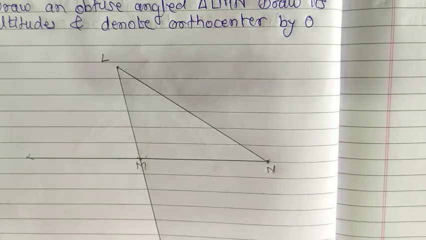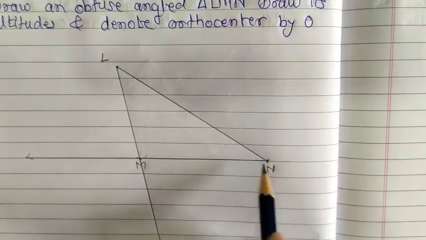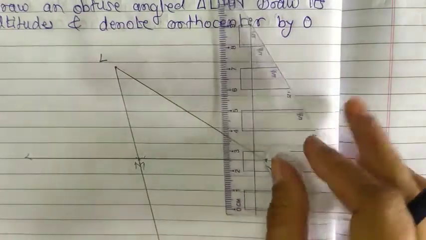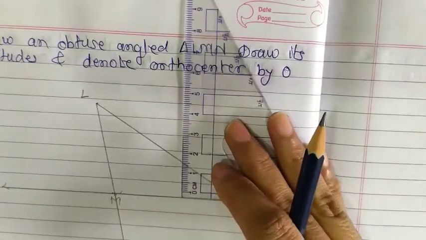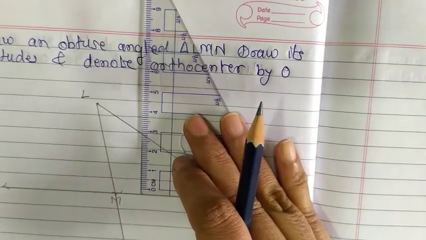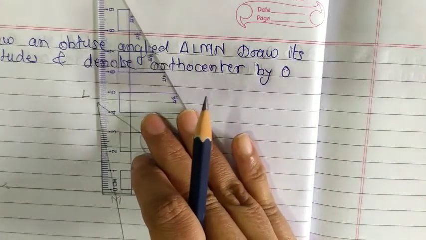First, the altitude for the base MN: take the set square and move it toward the point L on base MN.